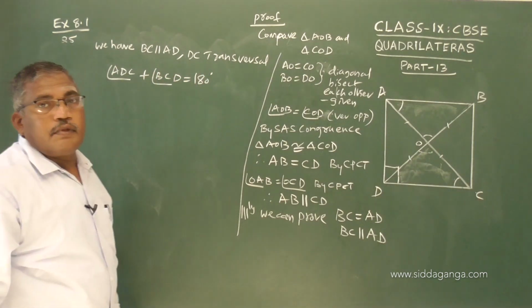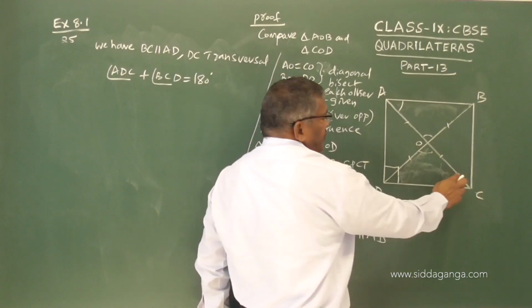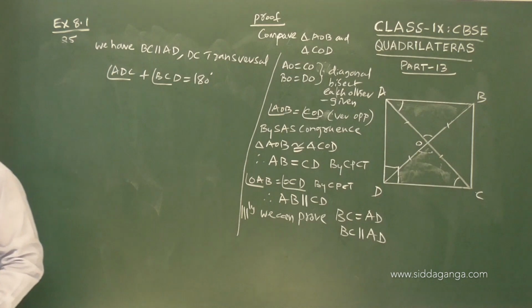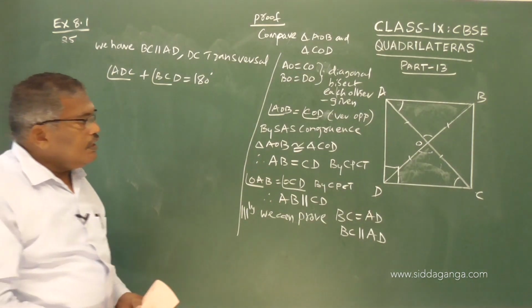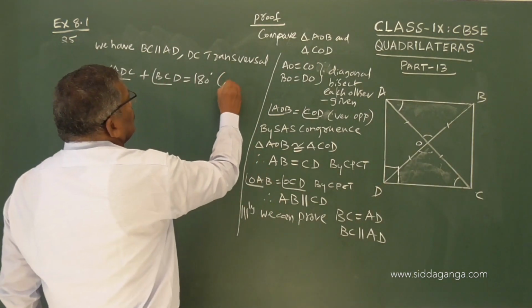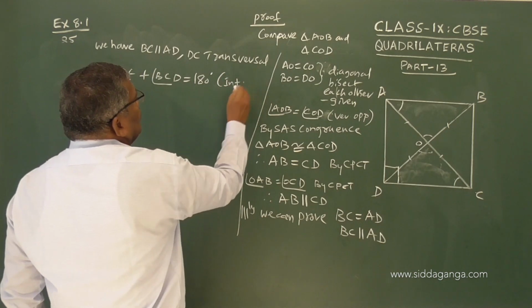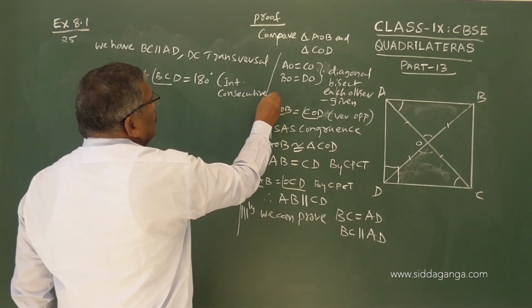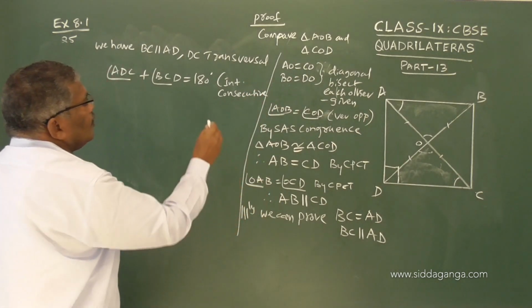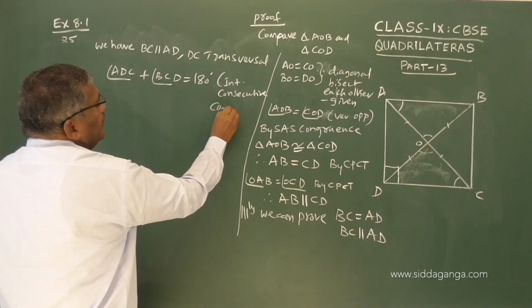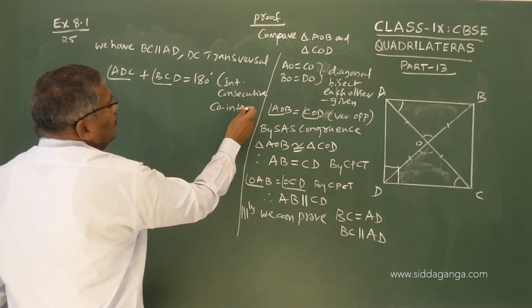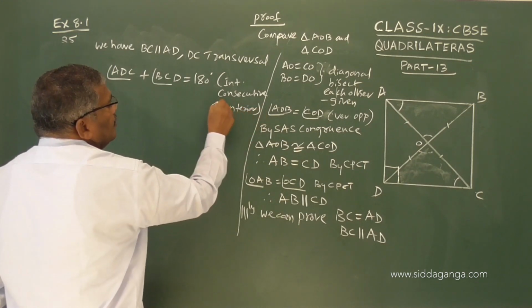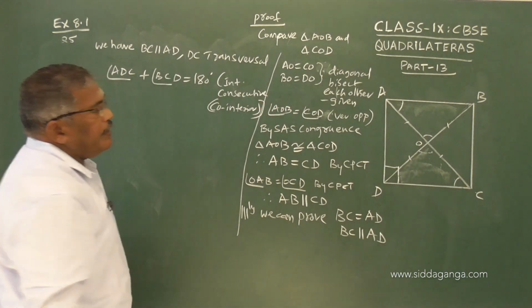They are interior consecutive angles, co-interior angles. In your book it may have given co-interior. Co-interior means interior consecutive. Both are the same.